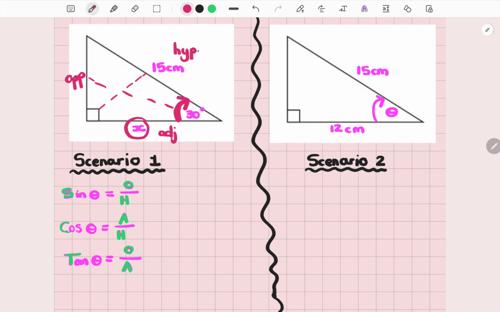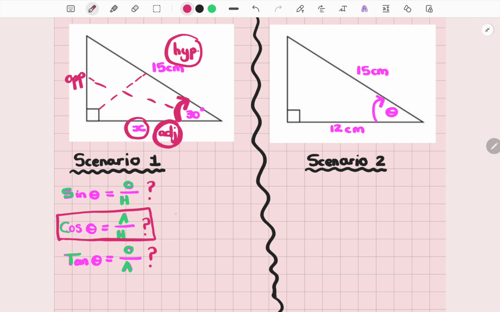Now we need to know which trig ratio we're going to use. We have the hypotenuse and we want the adjacent, x. Can you see the only trig ratio here that has an A and an H is cos?